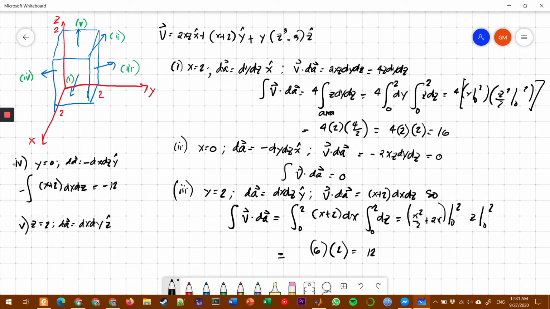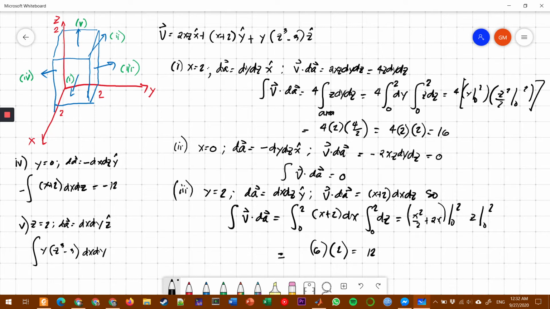So if I do the integral of v dot dA, I only take the z hat component of v, so this becomes y z cubed minus 3 dx dy.